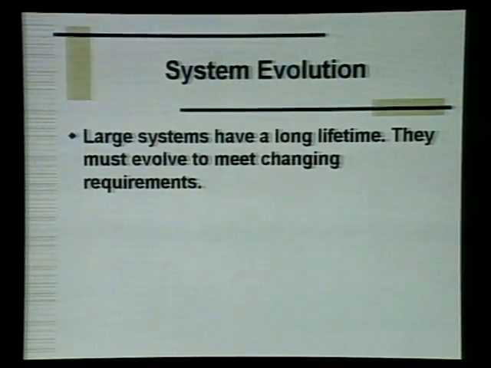So we have the evolution phase in the system engineering process model, where we take care of all the emerging requirements. Either these requirements are happening in our software products or in the hardware. Therefore, we conclude that large systems have a long lifetime. They must evolve to meet changing requirements.